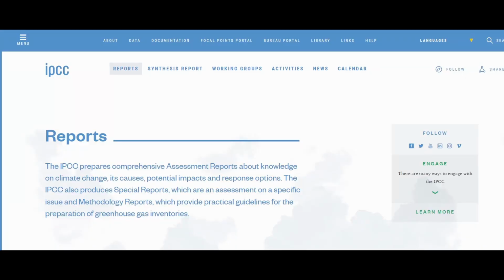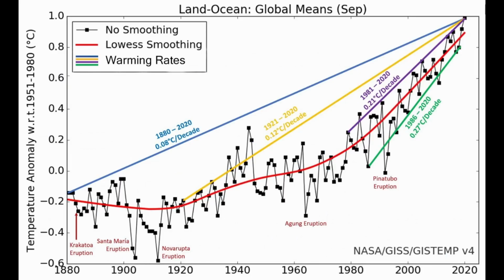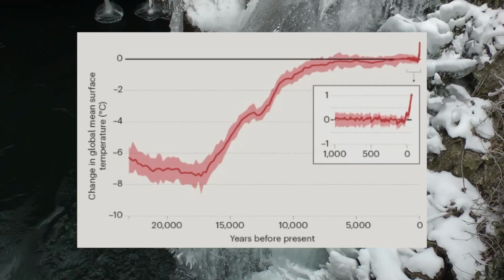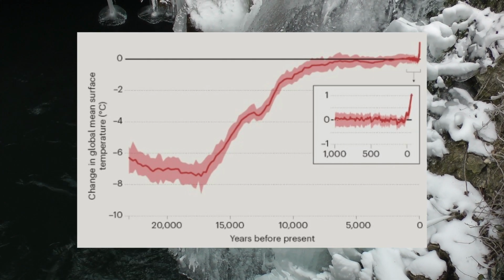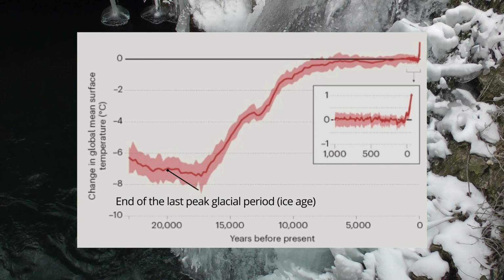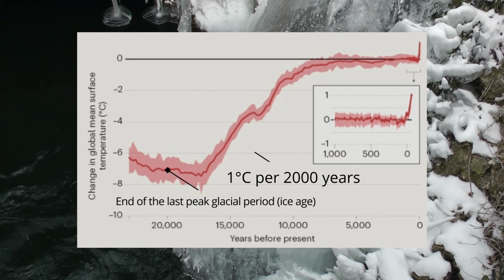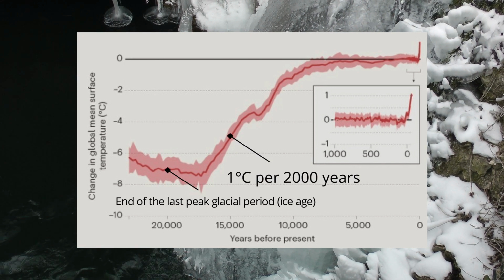According to the Intergovernmental Panel on Climate Change reports, which are a summary of the evidence available from thousands of scientific studies, the planet is warming at a rate of about 1 degree Celsius every 50 years. To give some context, the warming rate since the last so-called ice age, or peak glacial period, was about 1 degree Celsius in 2,000 years.